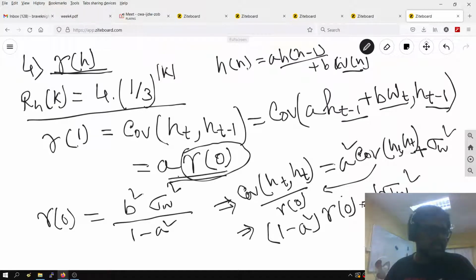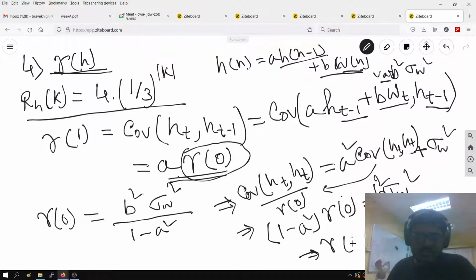B is also here, and as I am calculating the variance, it will be b square. The variance of this term is b square sigma w square. So what is gamma 0 here? It is b square sigma w square by 1 minus a square. This is the relationship.